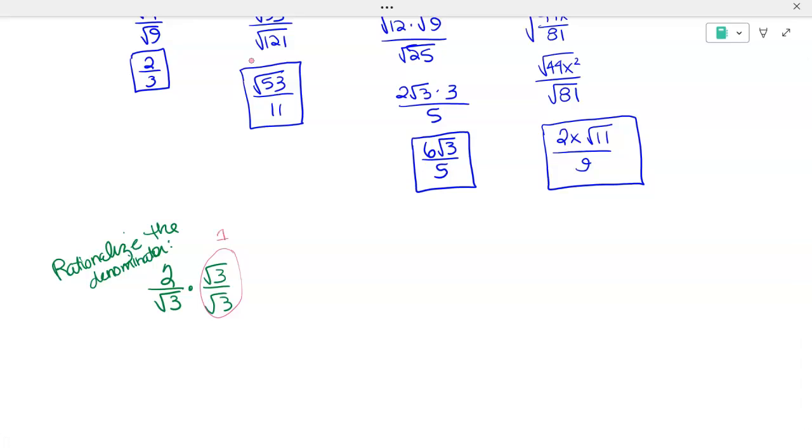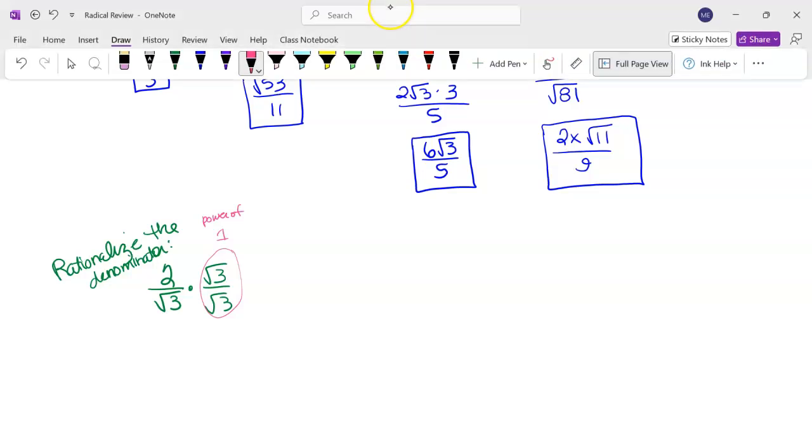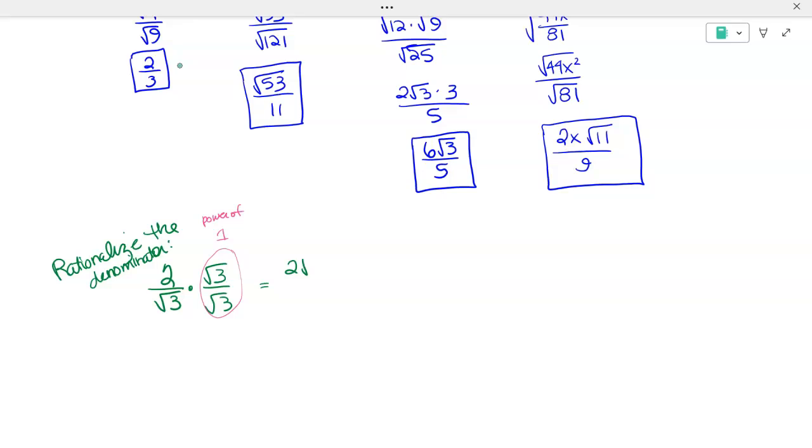The square root of 3 over the square root of 3 is just 1. I call that the power of 1. So we are writing this in an acceptable way. So this ends up being 2 times square root of 3, and then the square root of 3 times the square root of 3 just gives you 3. So this would be an acceptable way to write that. You do not want to leave a radical in the denominator.